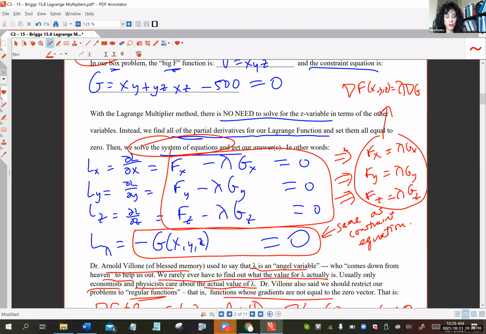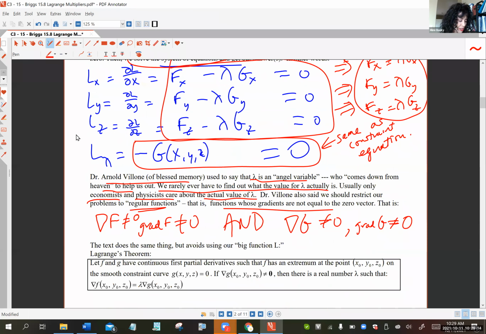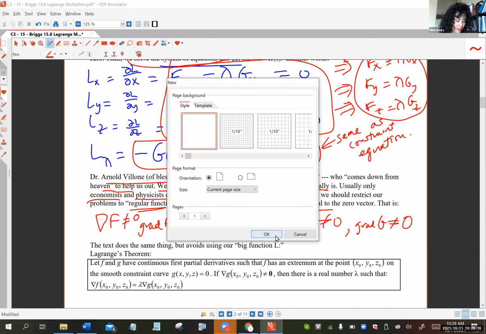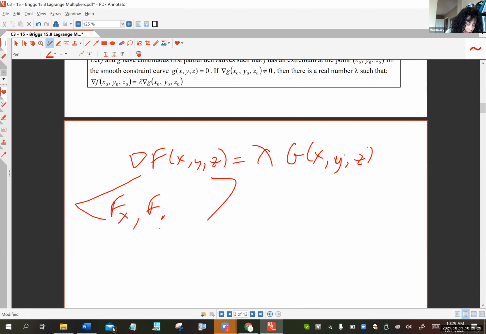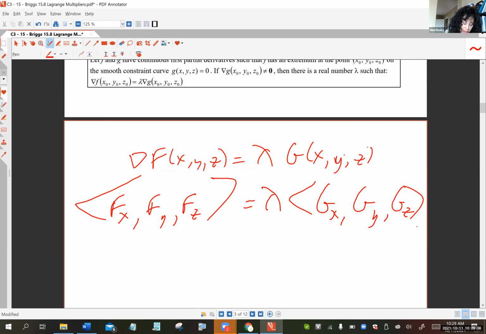And then you distribute the lambda. I need to show this because this is kind of important, new piece of paper. See, so we're basically saying this. But this over here on this side is a big old vector, and that's equal to lambda times another big old vector, because we know gradients are vectors.